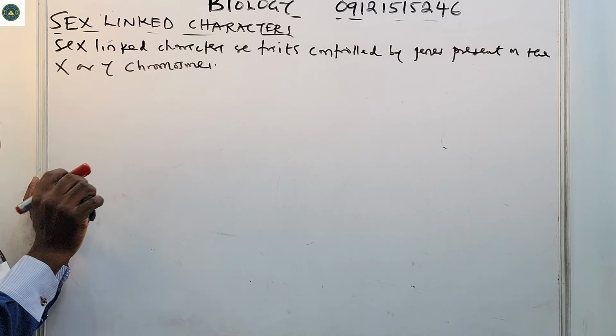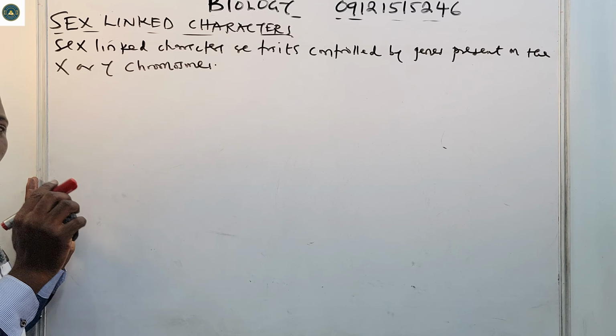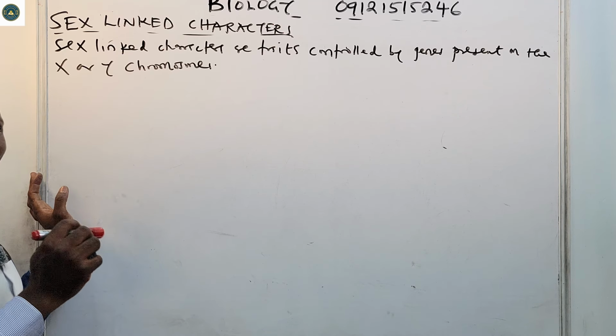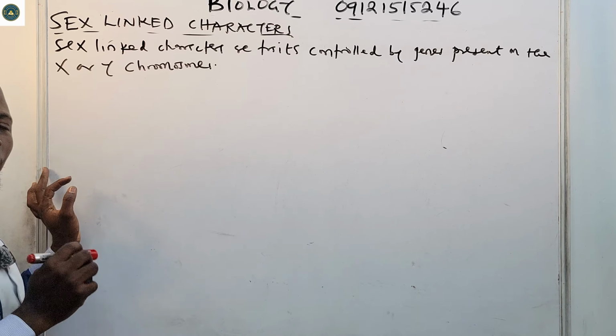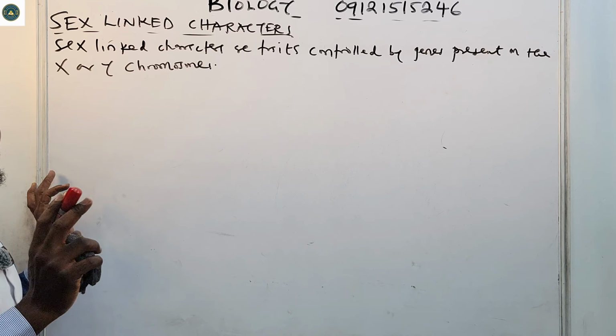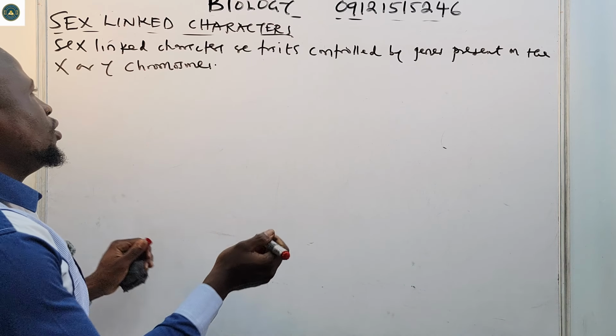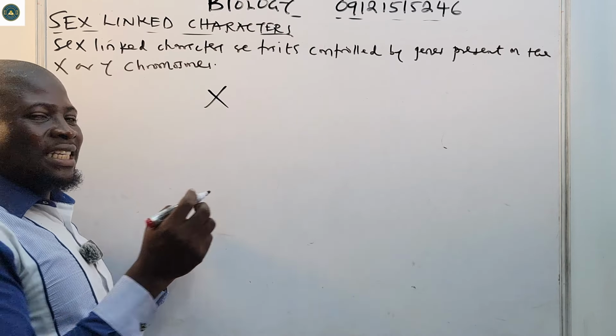They are the traits that are controlled by the genes that are present in the sex chromosomes, the X and Y chromosomes. So why is this important? This is important because the X chromosome is very large.